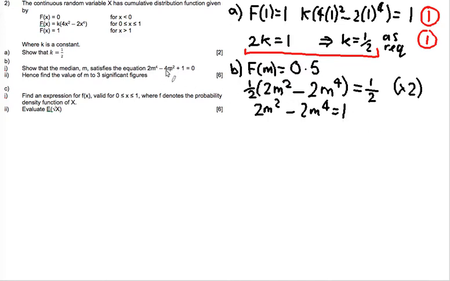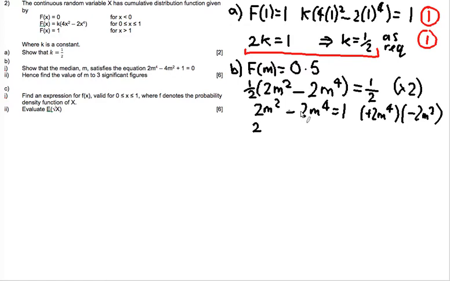So now just one step away from getting this equation, if I add 2m to the power of 4 to both sides, and I subtract 2m squared from both sides, what we're going to get left with is this exact equation here.